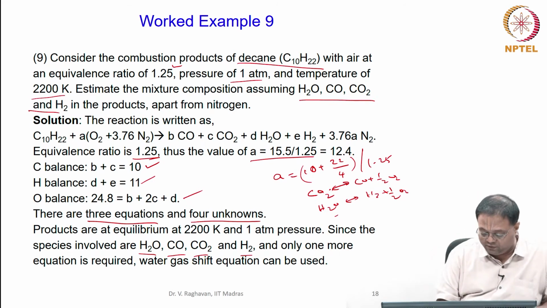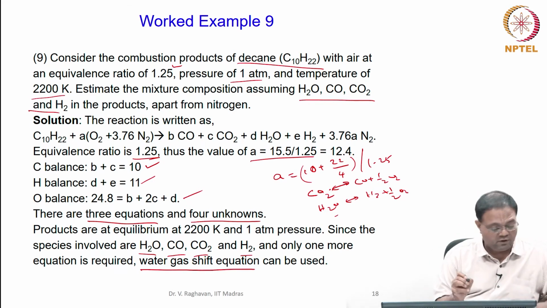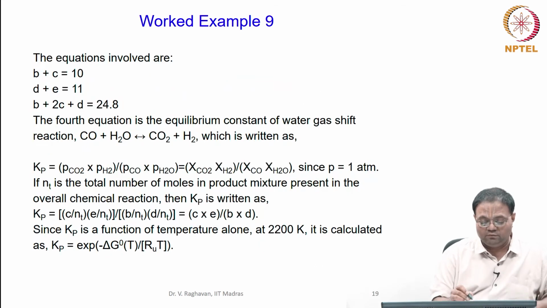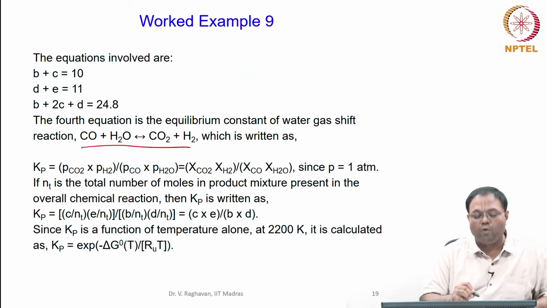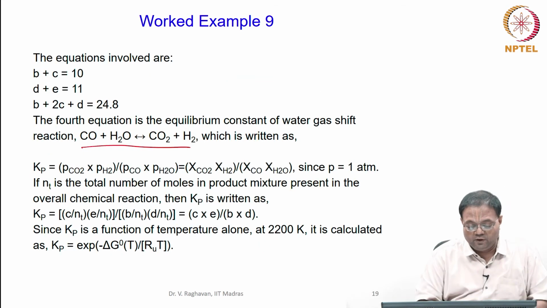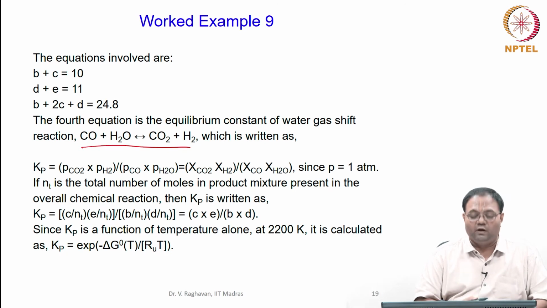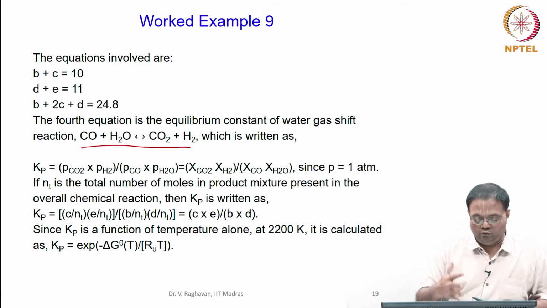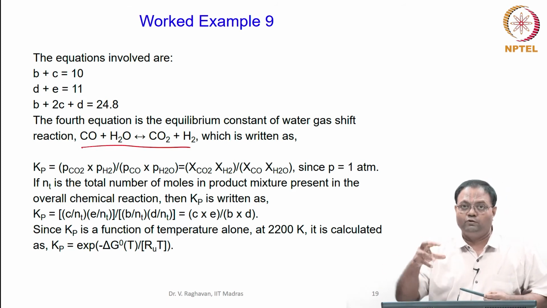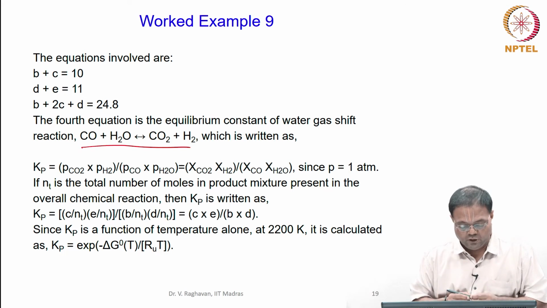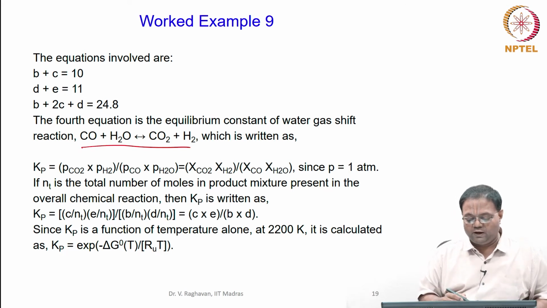For that we use what is called the water gas shift equation, which is CO plus H2O giving CO2 plus H2. For example, when CO is formed, to reform the CO you use steam so that CO2 and H2 are formed. So H2 can be got from that. This is called the water gas shift reaction.